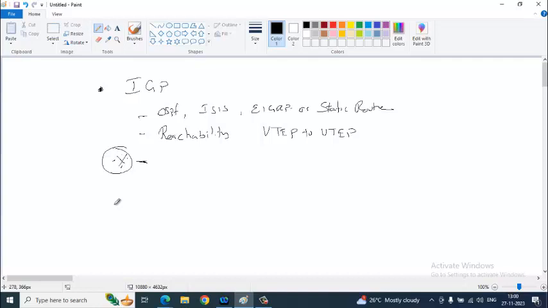Let me ask you before I tell. If you are doing layer 3 MPLS VPN, when you form an IBGP peering, what is the condition? Loopback to loopback. Very good.